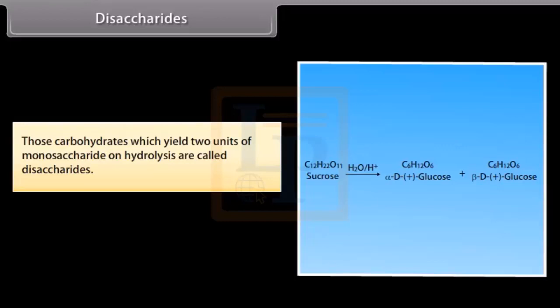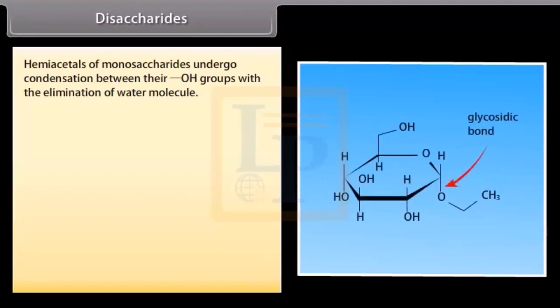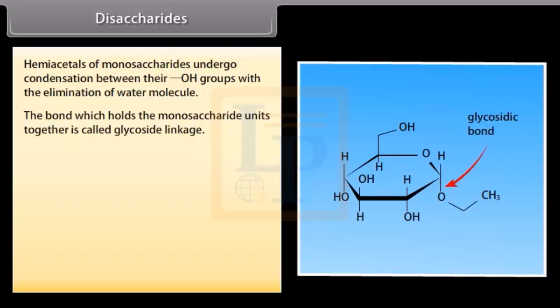This means that disaccharides are formed by condensation reaction between two monosaccharide units. Hemiacetals of monosaccharides undergo condensation between their OH groups with the elimination of a water molecule. The bond which holds the monosaccharide units together is called glycosidic linkage.